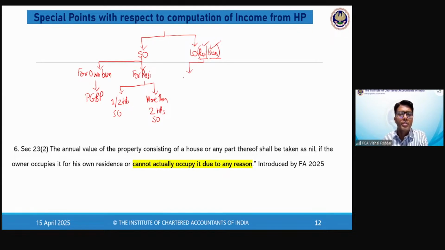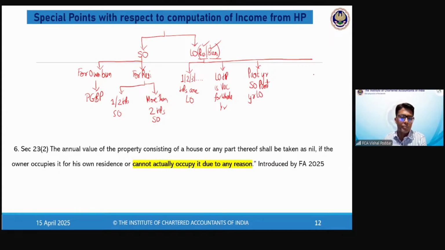Now in the first, any number of HPs, 1, 2, 3, 4, are let out. Further, a let out HP is vacant for the whole year. Then part year self-occupied, part year let out.